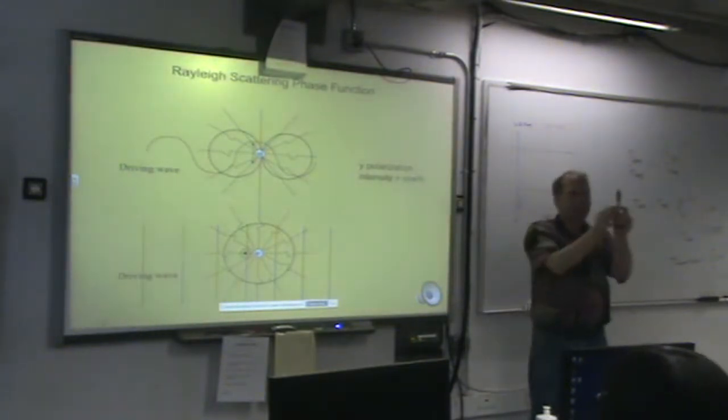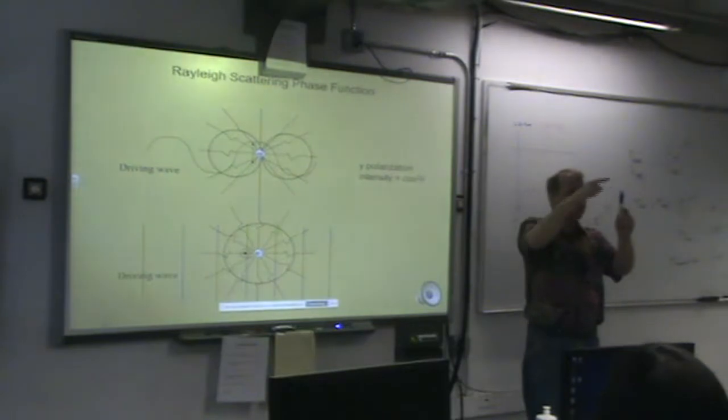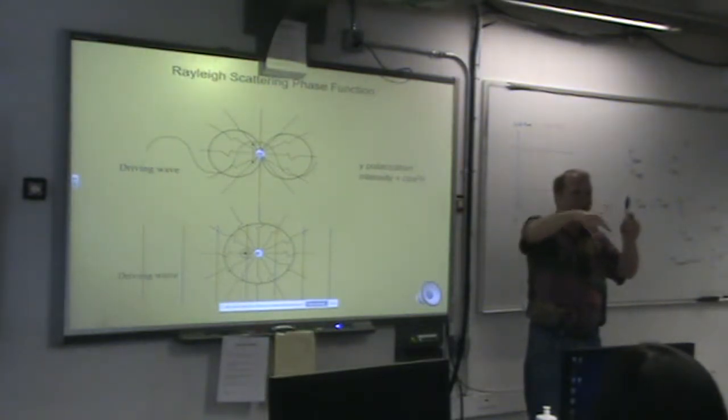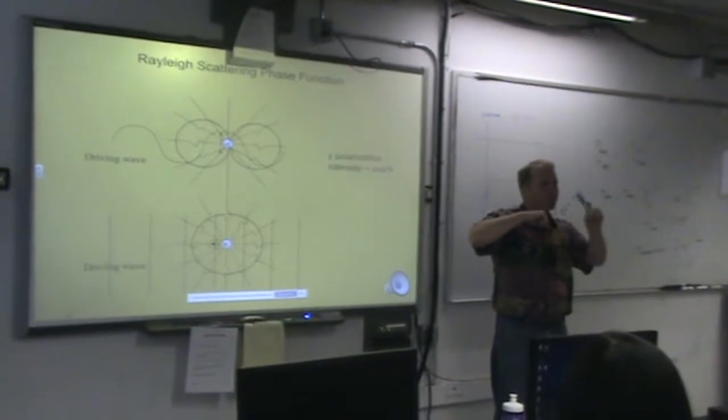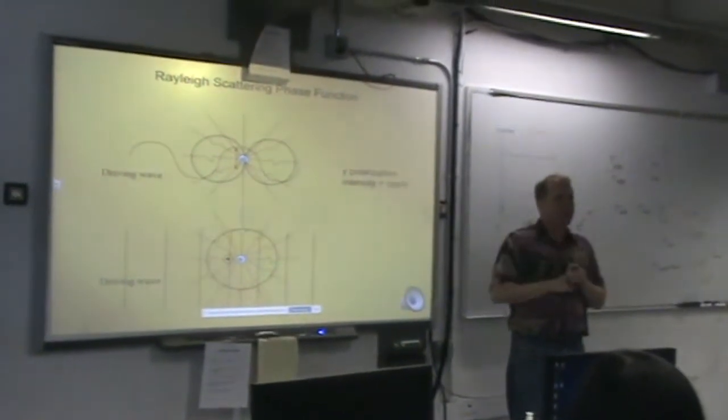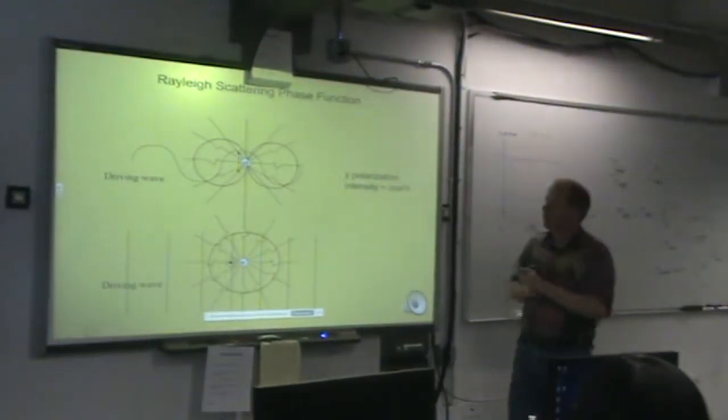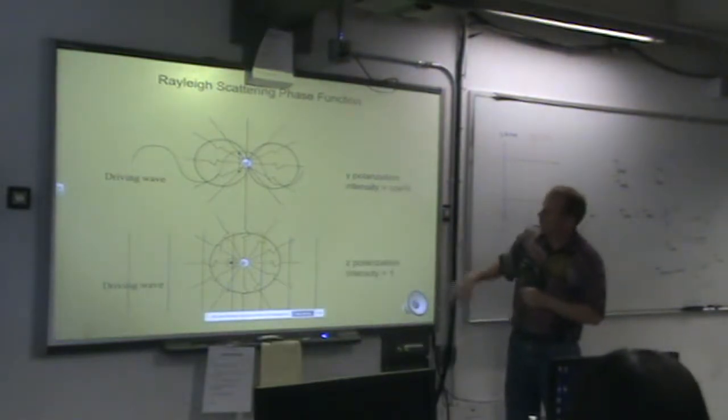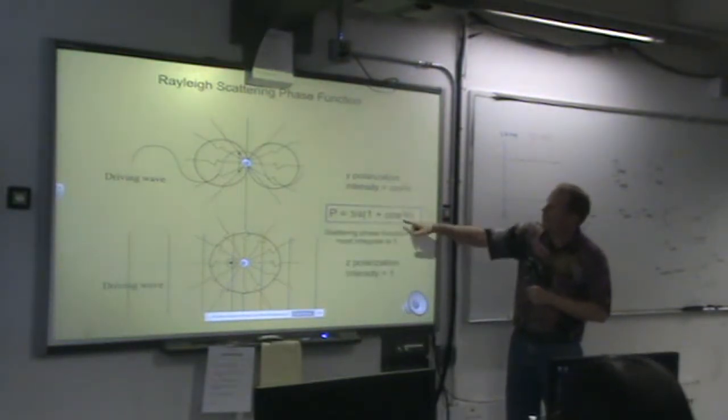Again, if the electron is bobbing up and down like that, all of you are going to see the same thing, but if it's bobbing like this, depending on the angle, you're going to see something different. So these are two polarizations of light that we're talking about. We add those two together.